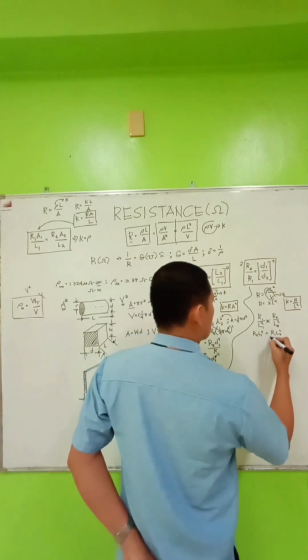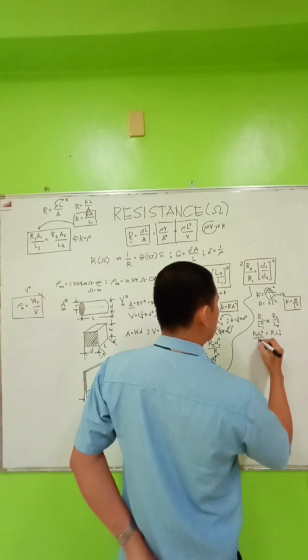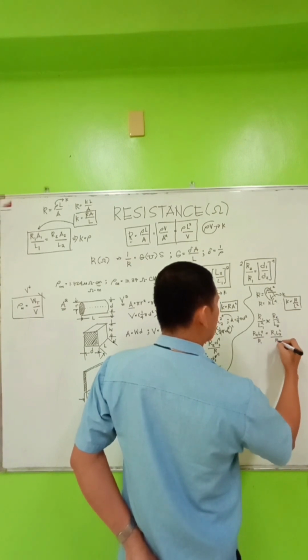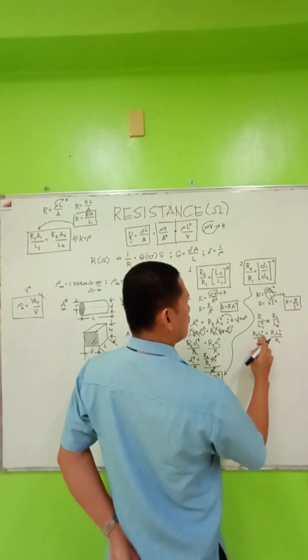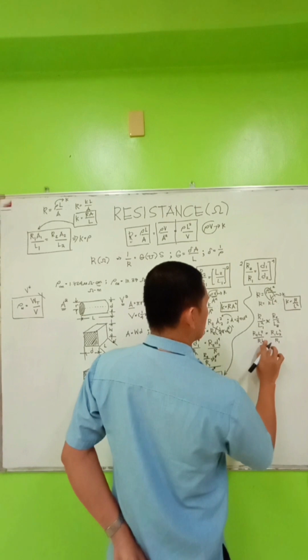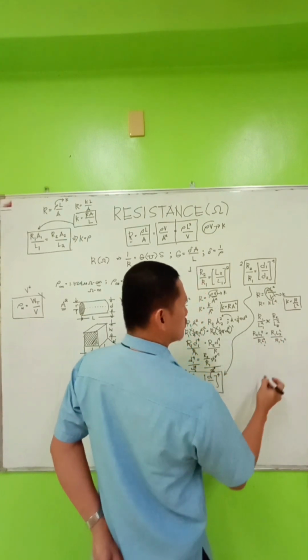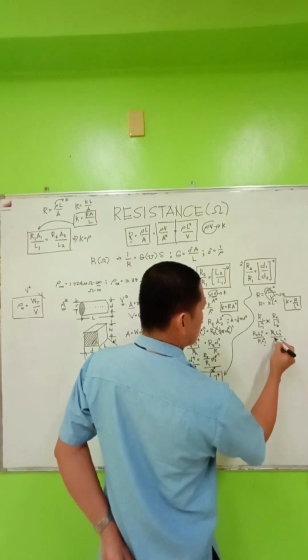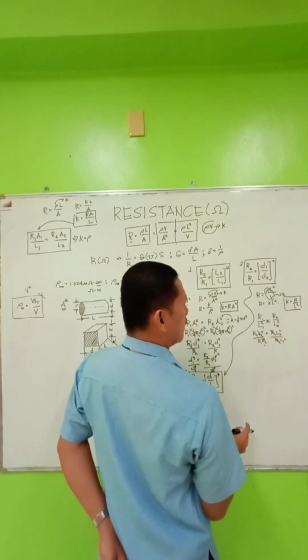So if you divide both sides by R1 and L1 squared, you cancel out your R1, you cancel out your L1 squared. What will happen?